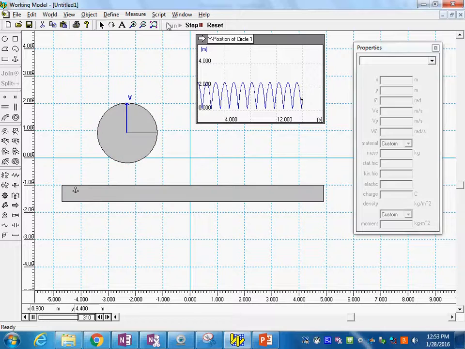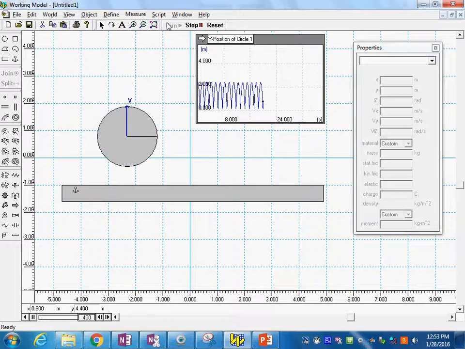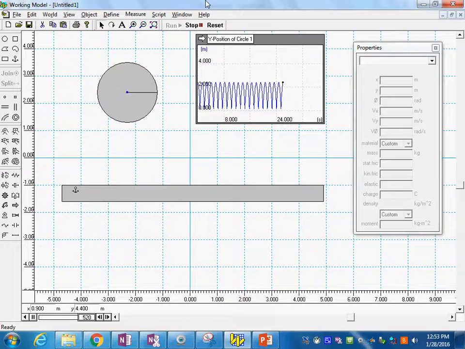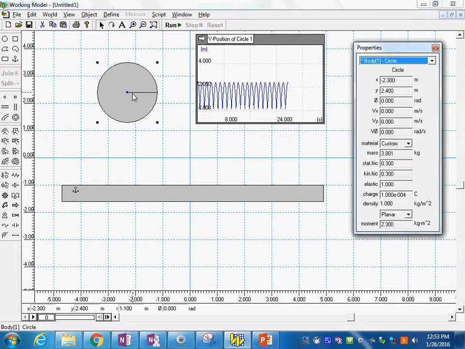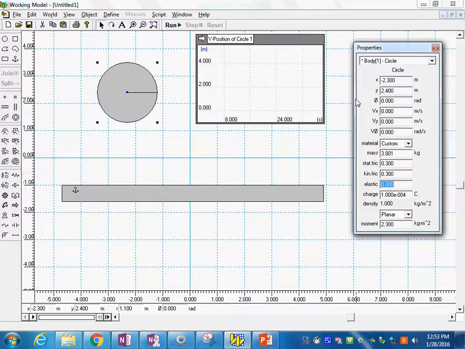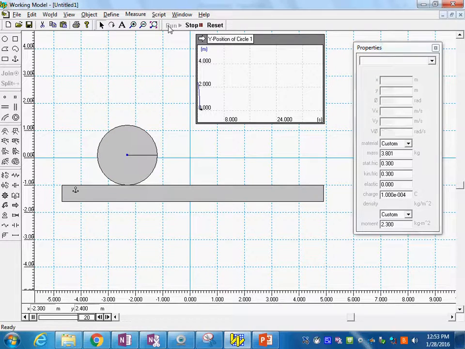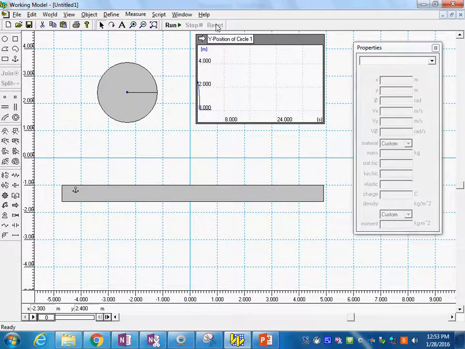In fact, I'm going to let it go past the scale. The computer resets the scale and it keeps going forever and ever. If we do the opposite, where one of the bodies has a coefficient of restitution of 0, now we have a whole different thing. The body goes, no bouncing at all.